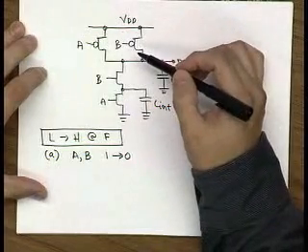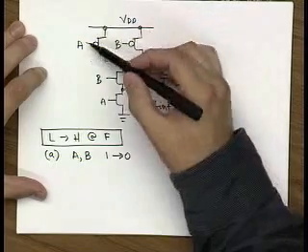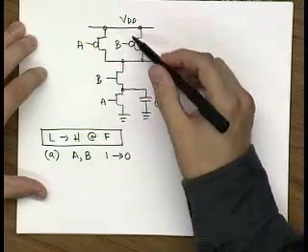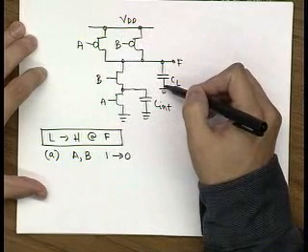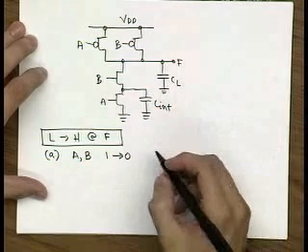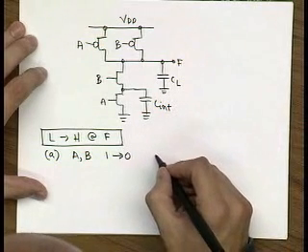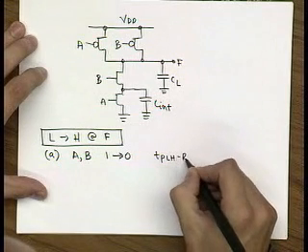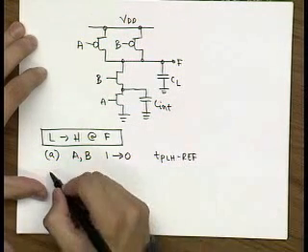Two transistors in parallel, right, working together. So when A is equal to 0, B is equal to 0, both of these branches will turn off. You basically have a nice and easy pull-up through the parallel combination. So let's say this is my reference delay, TP LH reference.